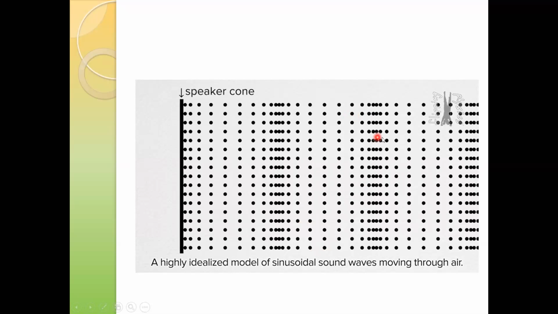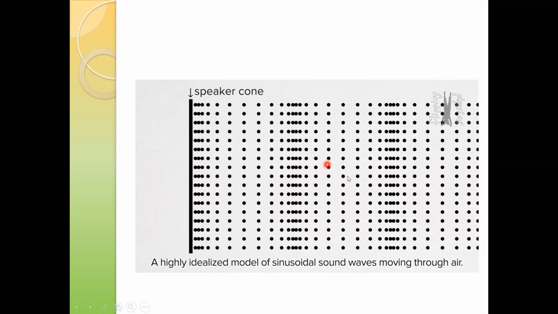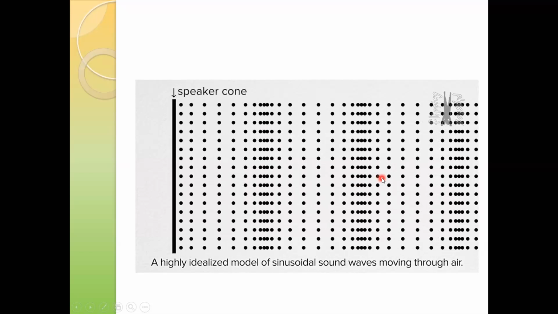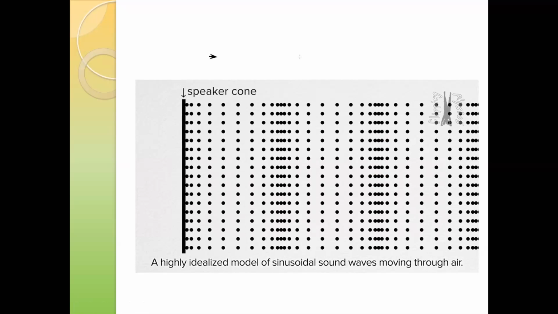This whole region is known as compression. And the region where the particles are away from each other and the pressure is low, we call rarefaction. The direction of the wave is towards the right, and the direction of the particle is right and left. So when the direction of the wave and the direction of the particle are parallel to each other, we call that a longitudinal wave.